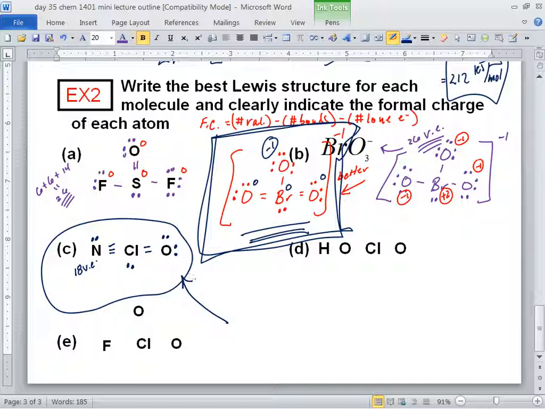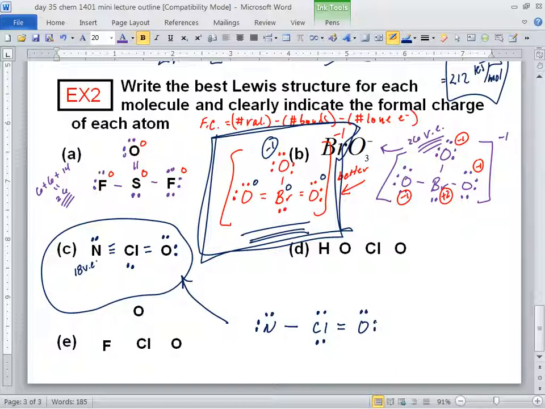Oh yeah, I have a single bond between N and Cl and then a double bond between Cl and O. Okay. And then I have 4 on nitrogen, and then 4 on Cl, and then 4 bonds on the chlorine. 4 lone electrons, yeah, and then 4 on oxygen. Let's see.